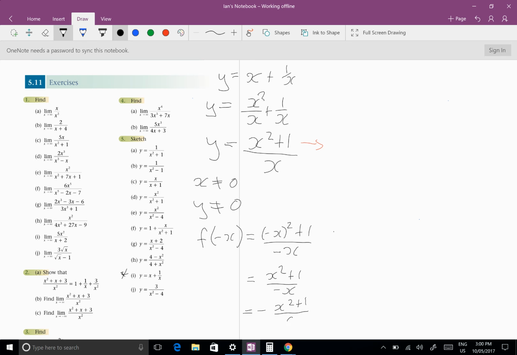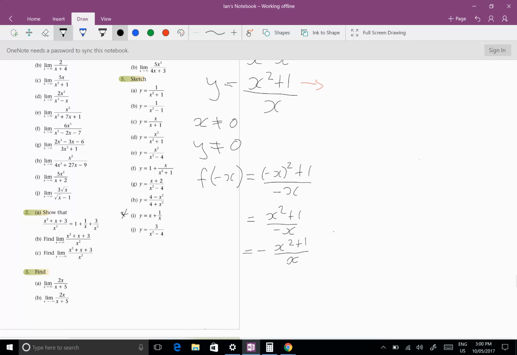I can just put that out the front, which equals negative f of x, which means this function is odd. Okay, so that's great. I only have to draw half of it.